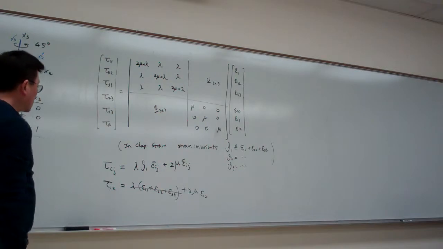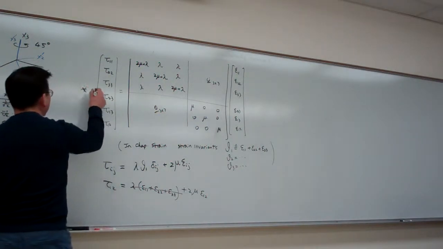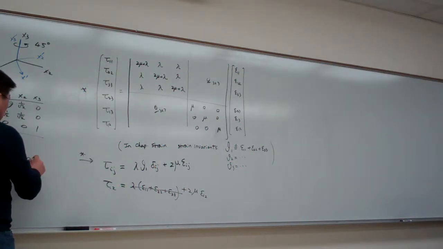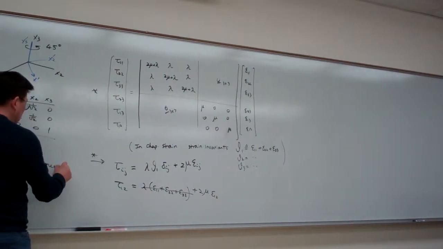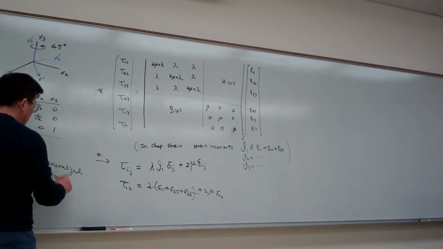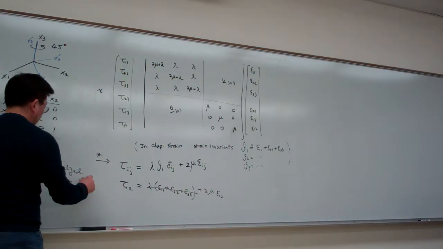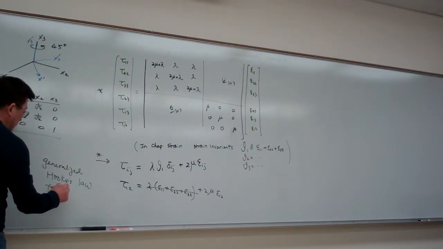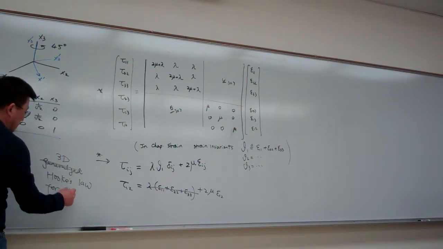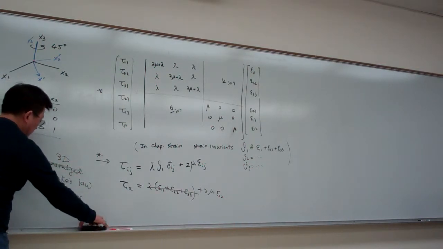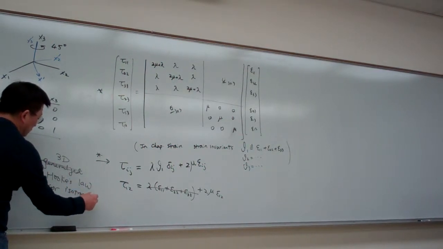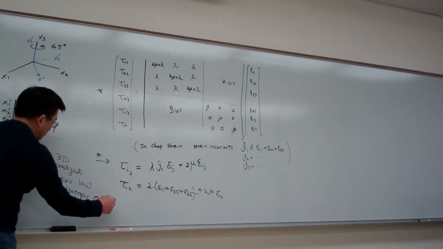Okay. So basically either this equation or this equation is called the generalized Hooke's law for the three-dimensional stress-strain relation for isotropic materials.